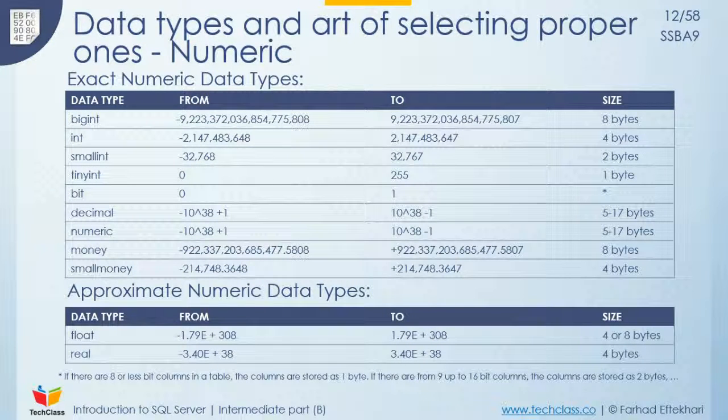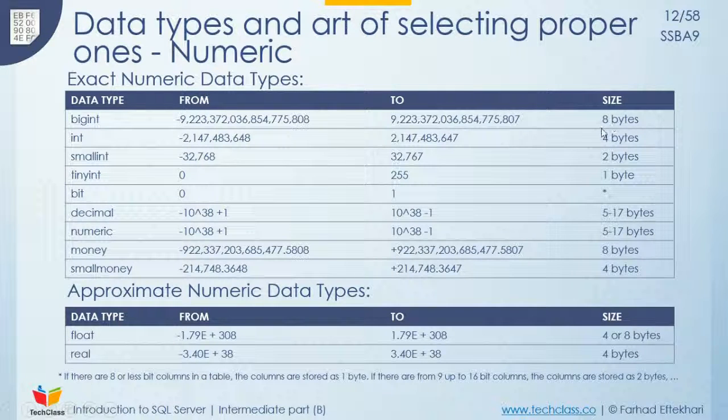Here are the numeric data types in SQL Server. As you can see in this table, there's the data type name, and they have a minimum and maximum number, and also the size for each row of a column of information you're going to store in your database.